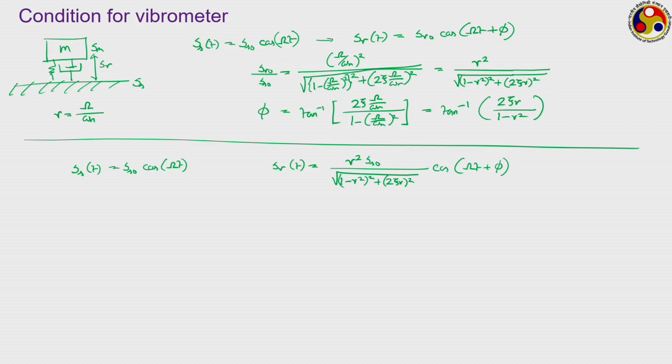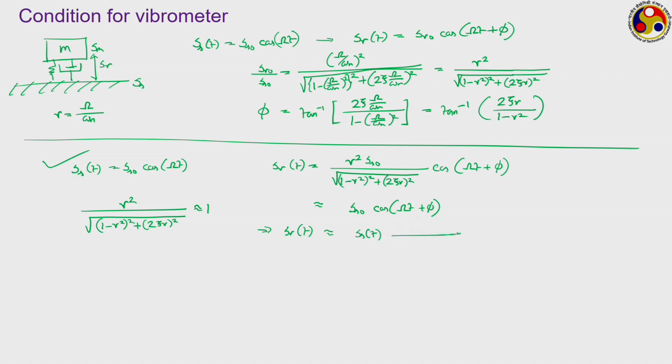Now, just note carefully, in a certain situation, if we have r square upon root over (1 minus r square) whole square plus (2 zeta r) whole square nearly equal to 1, then SRT is equal to SSO into cos of omega t plus phi, or if we compare with this particular form, SRT is nearly equal to SST into cos of omega t plus phi divided by cos of omega t.